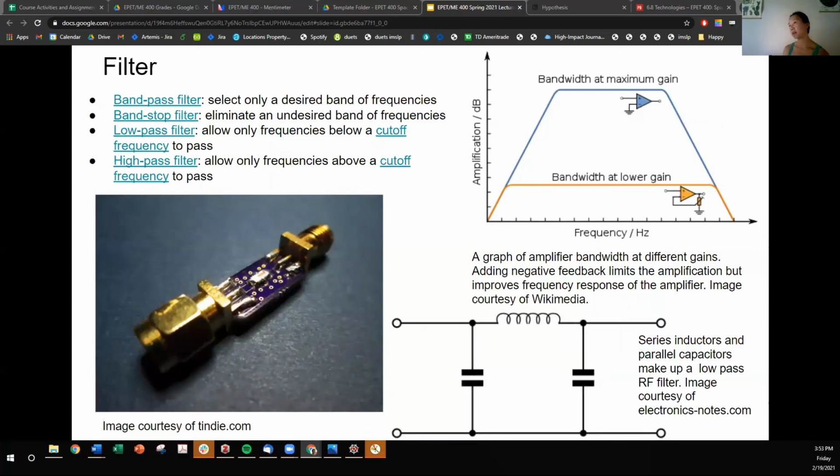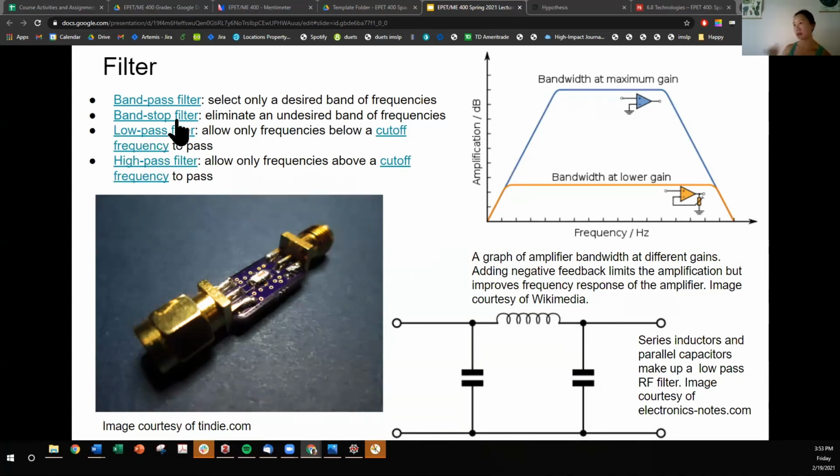Another thing you'll see very commonly in communications circuitry are filters. Signals can have noise, and to get rid of that noise, you have to put a filter somewhere along the line. There are many different types of filters, such as bandpass, where you can specify the band of frequencies that you'd like to get through.